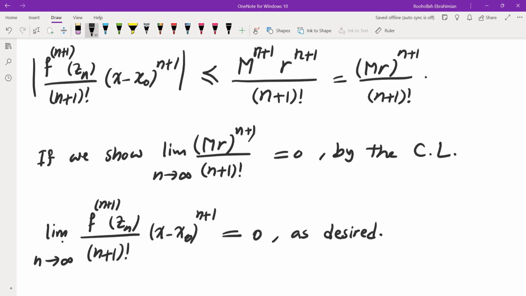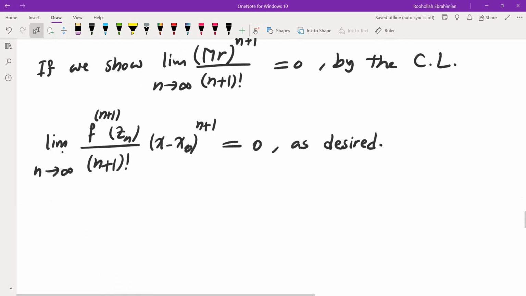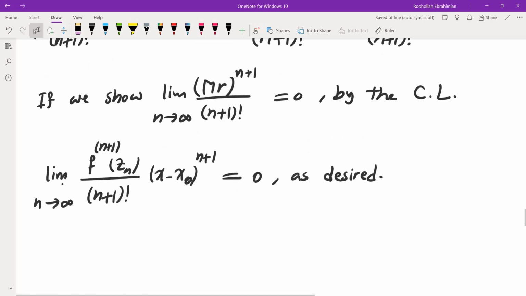So all I need to do is to show that this fraction (mr) to the power of n plus 1 over n plus 1 factorial in fact does approach 0. And we will do so by the ratio lemma for sequences.